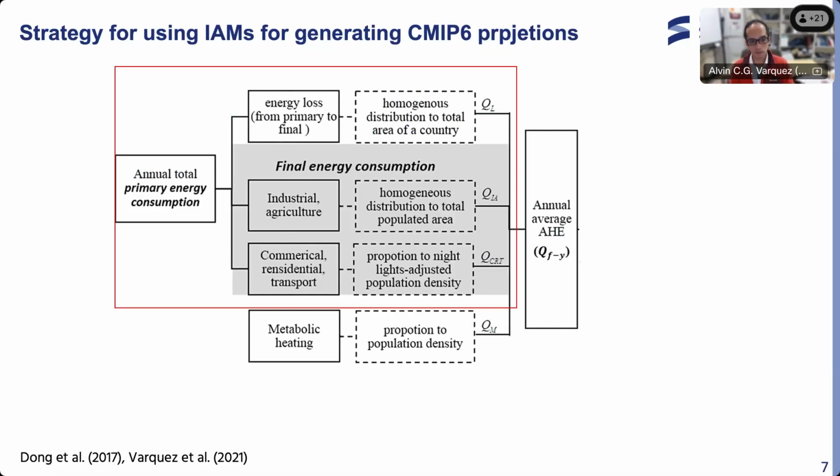From annual total primary energy consumption, we can break down the levels of energy that go to energy loss, industrial, agriculture, commercial, residential, and transport, and then sum them up to annual representative values of QF. And we also have metabolic heating, which we can empirically estimate from population quantities and hourly activities of humans.